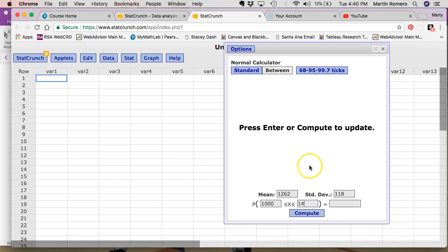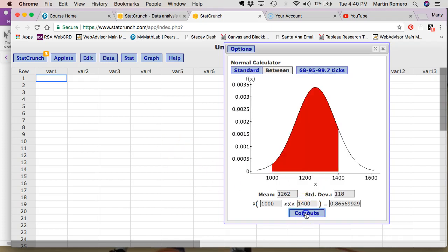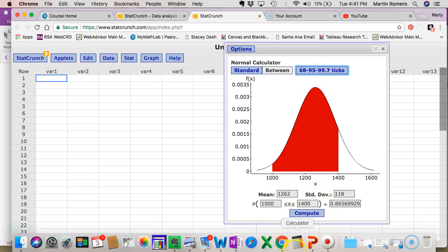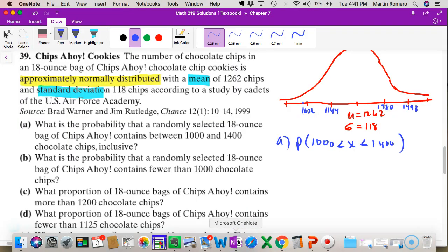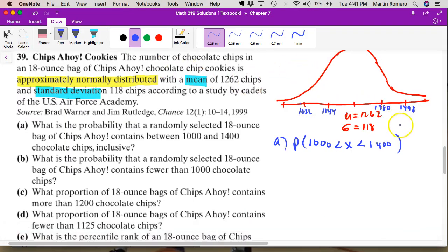What's kind of cool is StatCrunch is going to draw that for us here. You can see that. That's if I want to look at it by standard deviation, or if we want to look at it by the values, and you have it here, 0.866. So the probability is 0.866 for this one.